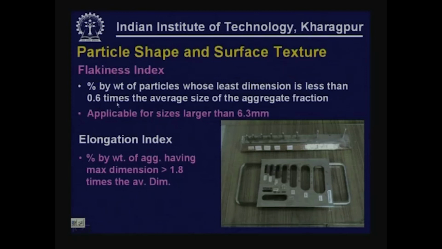This is applicable for sizes larger than 6.3 millimeter, whereas the elongation index is the percentage by weight of all those aggregate particles having maximum dimension larger than 1.8 times the average dimension. Here you can see the two gauges that we use to determine flakiness index and elongation index.